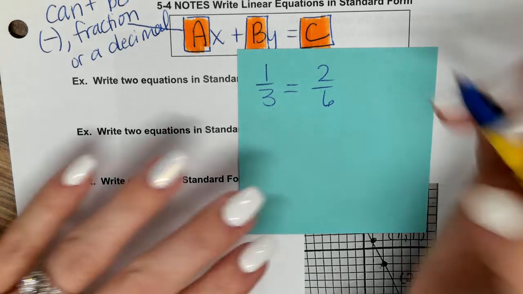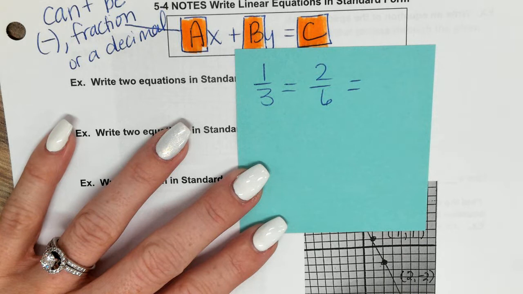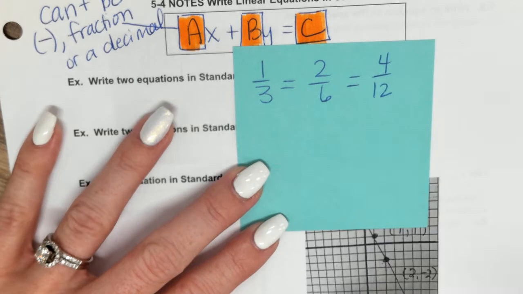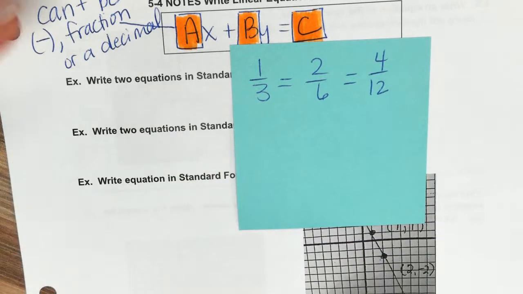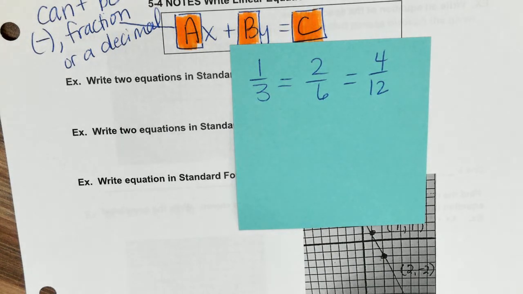Could I expand it even more and have another equivalent one? 4/12. Or? Yeah, could I keep going? Could I keep multiplying by different stuff and they're all the same ratio? Yes or no?